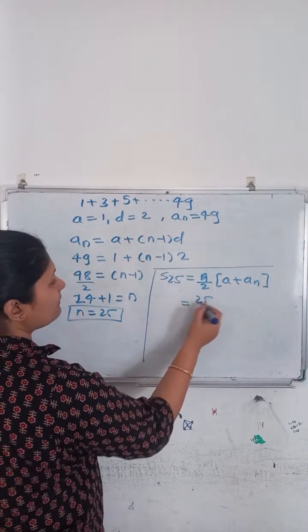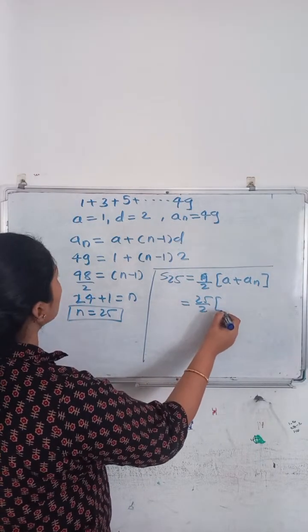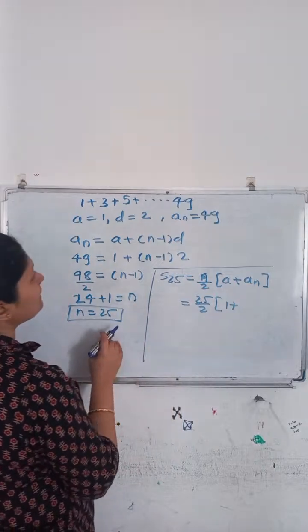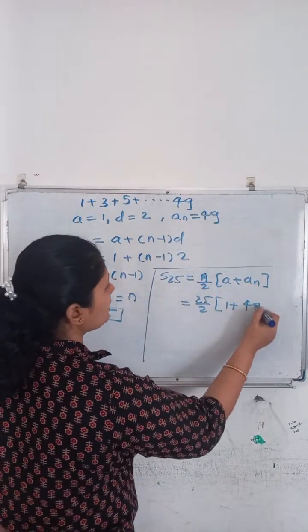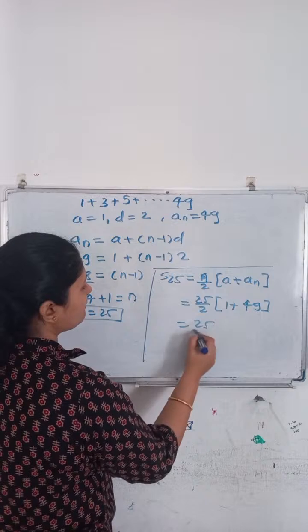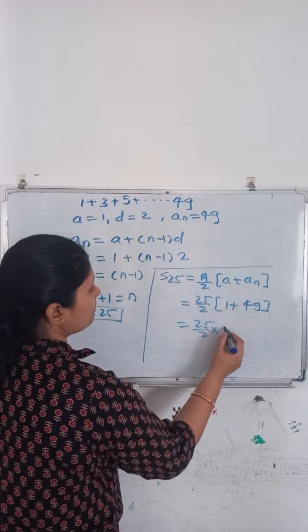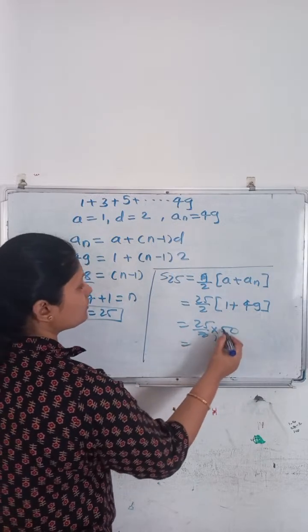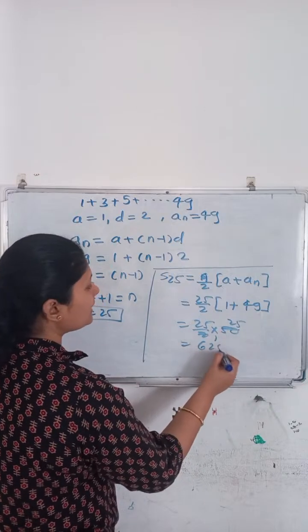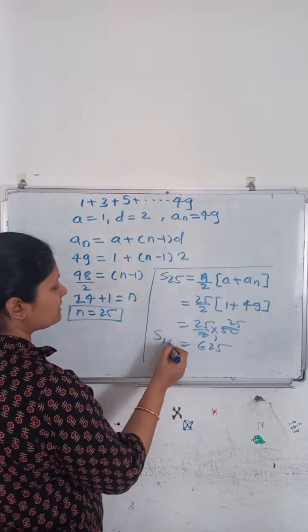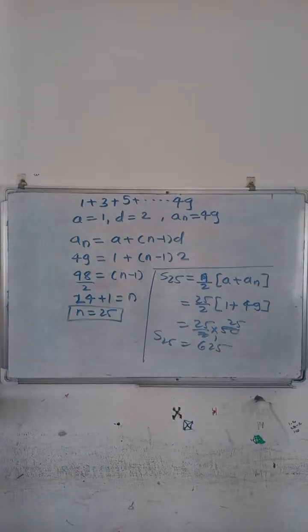So 25 by 2, a is 1 and the nth term is 49. So 25 by 2 into 49 plus 1, which is 50. So here 25 into 25, we get 625 as the sum of the first 25 odd numbers in the series. Getting this? This is the answer. Copy this question and write down this answer.